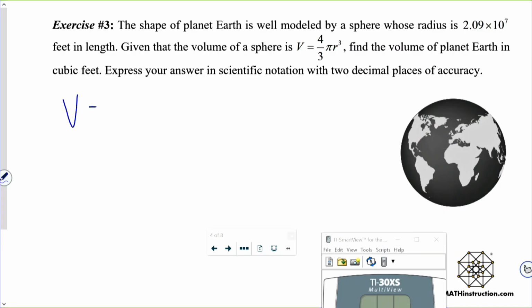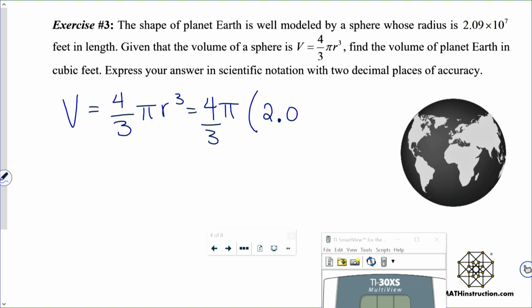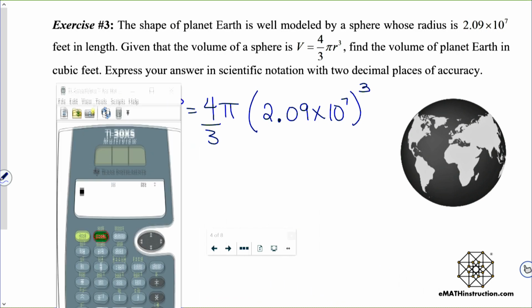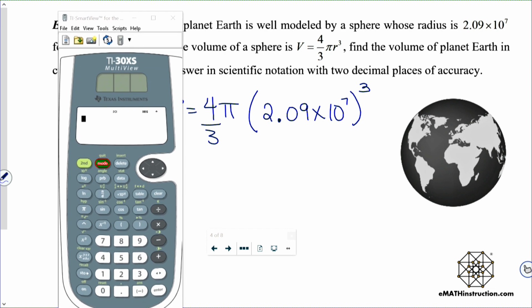So we know the volume of a sphere is 4/3 times the number pi times the radius cubed. Now our radius in this case is 2.09 times 10 to the 7th. But then I'm cubing it, okay? So let's see what we get when we plug all of this into our calculator.